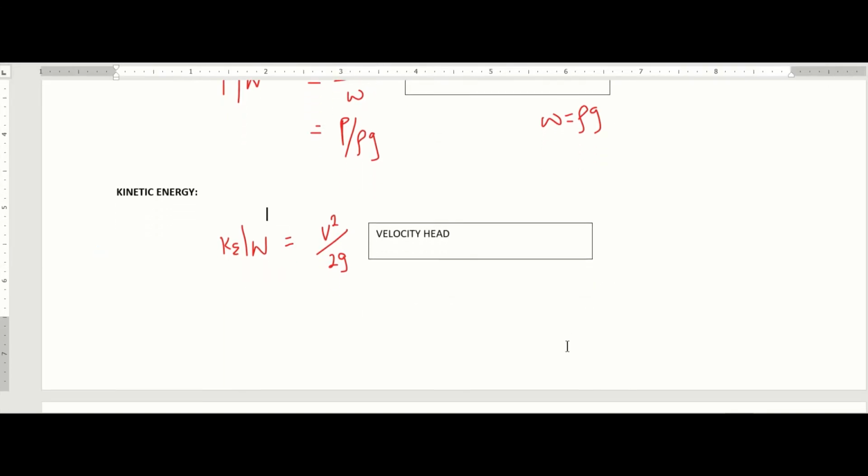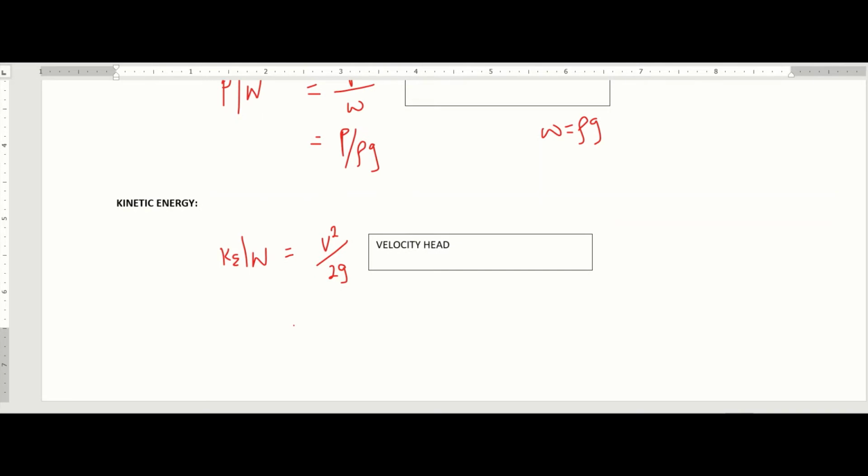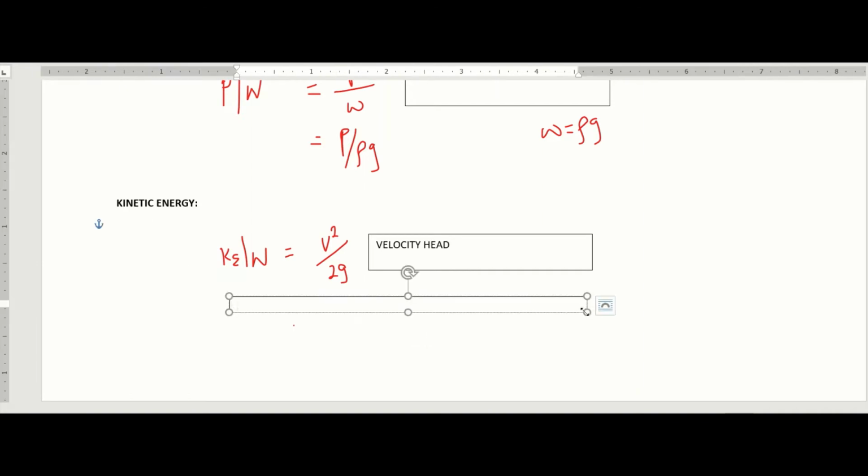Alright, so therefore we can say that the total energy of fluid flowing in a system is known as H. This H is equal to the potential head plus the pressure head plus the velocity head.